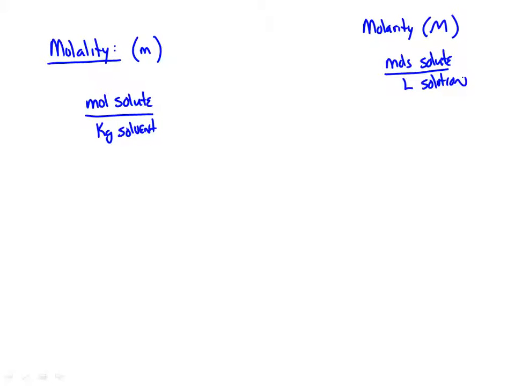So notice one is moles per kilogram, one is moles per liter. And the reason for that is that kilograms of solvent is temperature independent, meaning mass doesn't change as temperature increases or decreases, whereas volume is temperature dependent. And so the effect is usually pretty minor, but that's just the way things are defined.